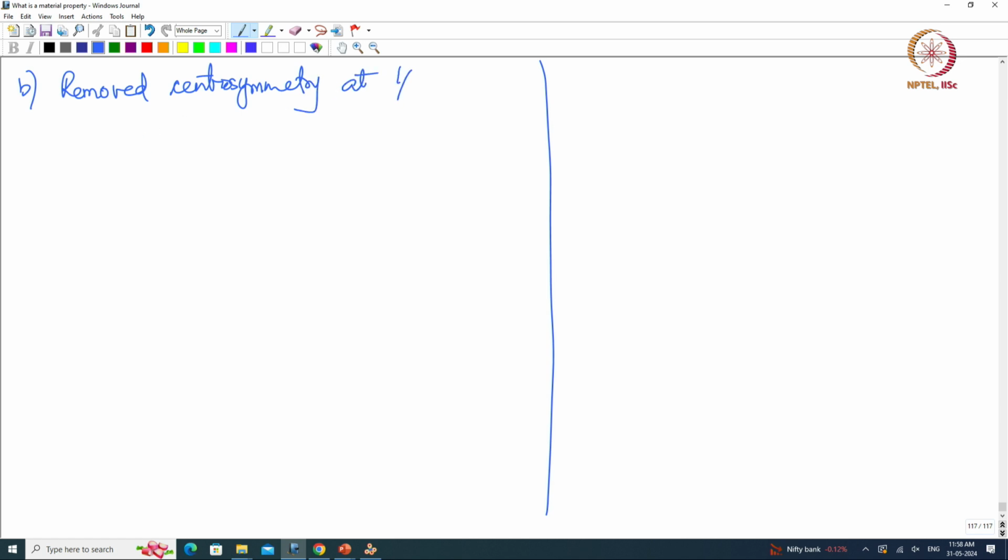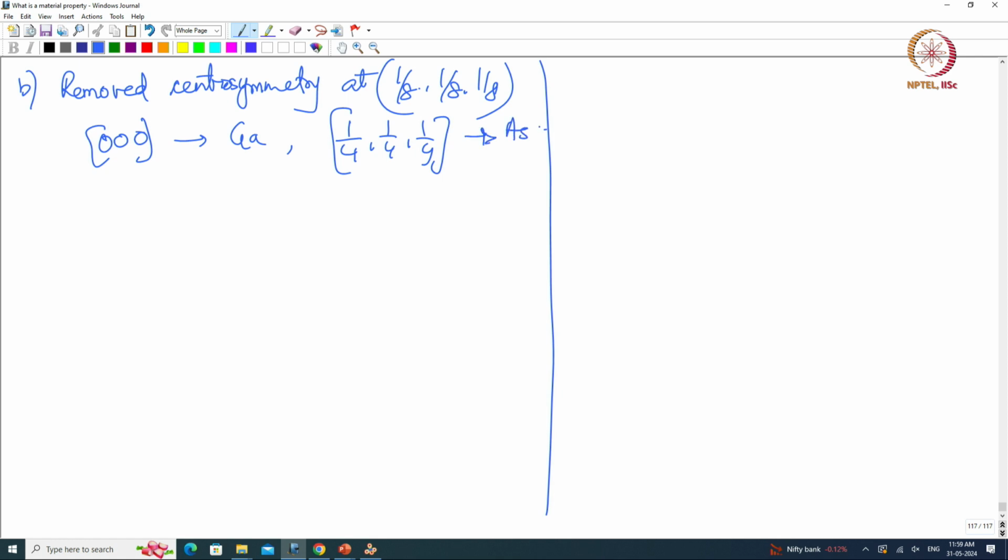So, at 1/8, 1/8, 1/8, my 000 happens to be a gallium atom, and 1/4, 1/4, 1/4 happens to be an arsenic atom, right. So, about 1/8, 1/8, 1/8 I have different atoms on the other side. If I move gallium to 1/4, 1/4, 1/4 that becomes arsenic, right. So, that is no longer gallium. So, there is no inversion symmetry here, there is no 1 bar symmetry, or in fact the 3 bar m symmetry also disappears.